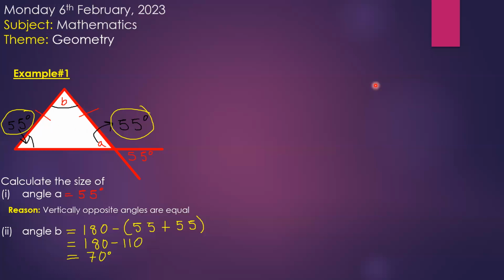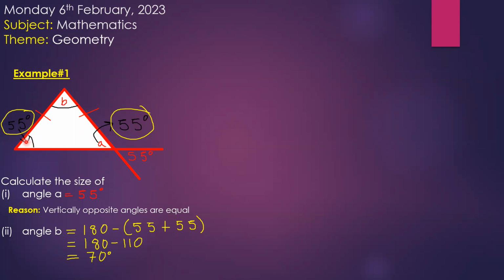What do we know about an isosceles triangle? Two sides are always equal. Very good. So not only are two sides equal, but two angles are also equal. So this angle, whatever it is, is going to be equal to this angle because it's an isosceles triangle. Both of these angles are equal to each other.